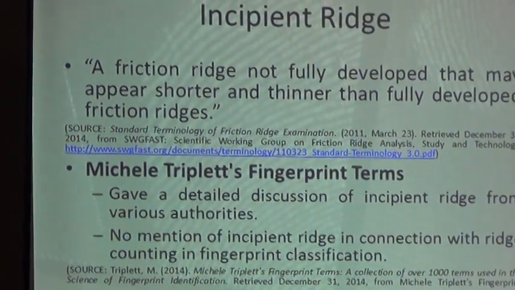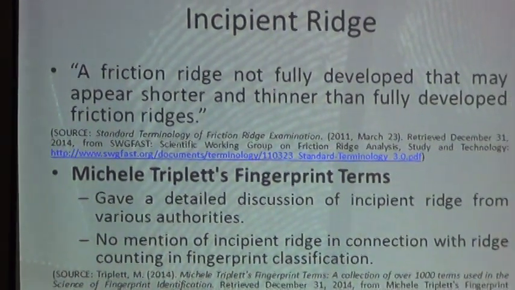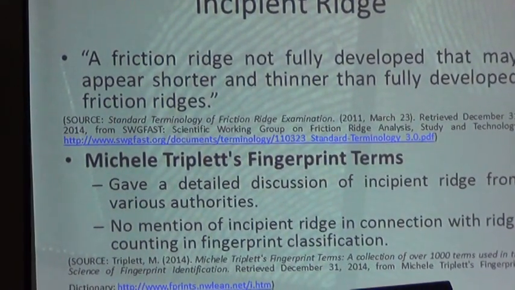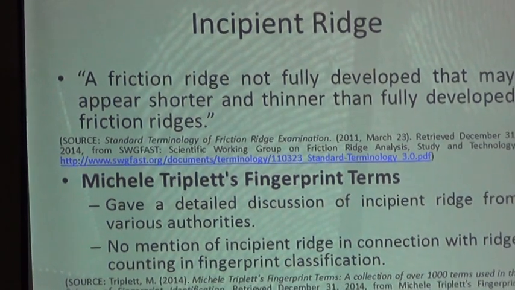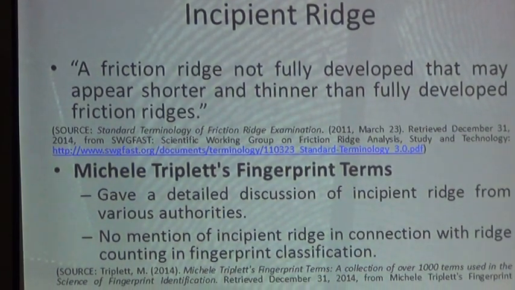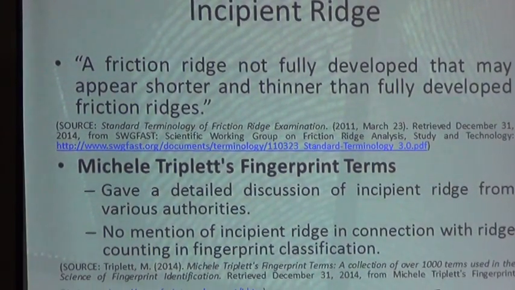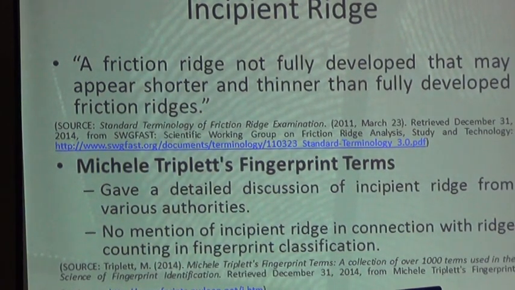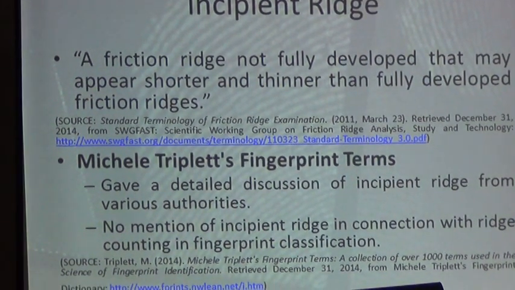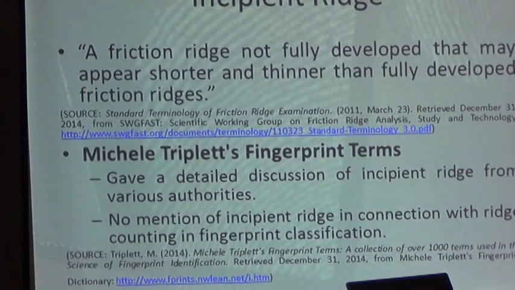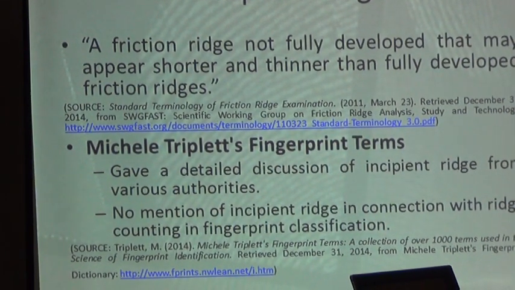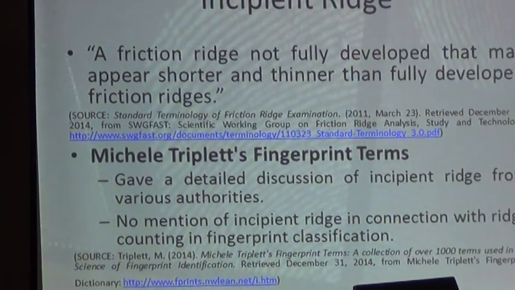Because unlike in identification, the examination of the ridge is more prying. It is more going into the detail of the friction ridge. But in the classification, it is a little about a cursory look, unlike in identification.